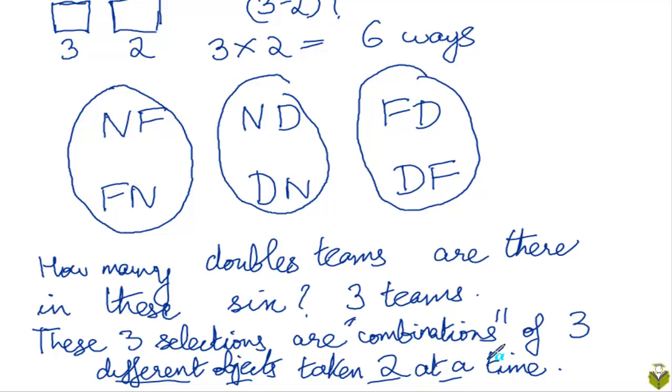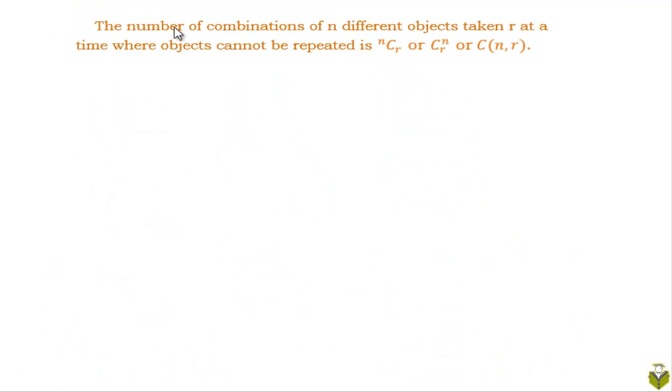Let us get a notation for combinations like we have for permutations. The number of combinations of n different objects taken r at a time, where objects cannot be repeated, is given by this notation nCr, or with n at the top right corner and r here, or C(n,r).